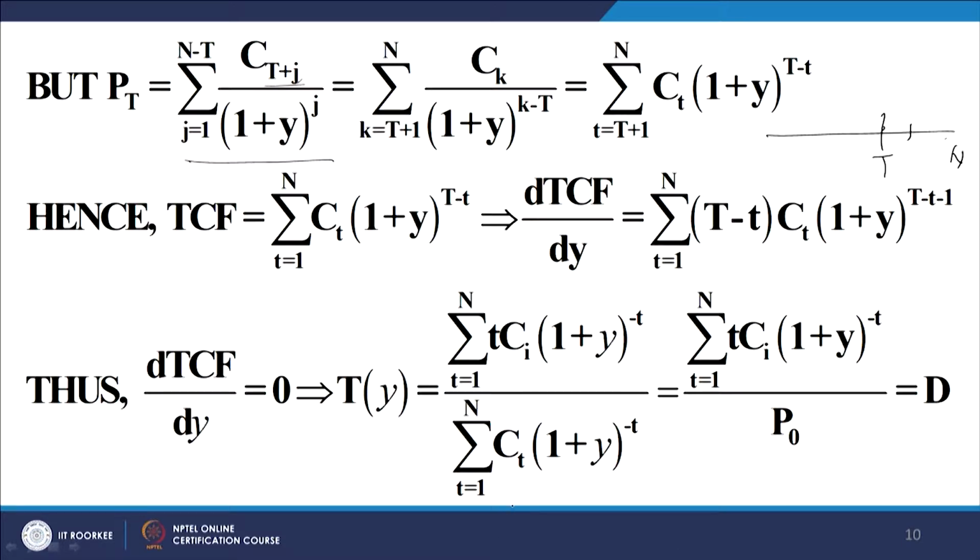So, therefore, the total cash flows that I get for a holding period of capital T are the summation of this summation plus the summation that was there on the previous slide.